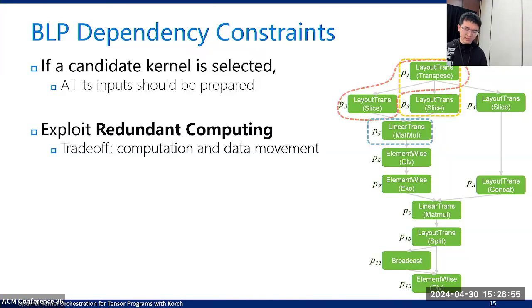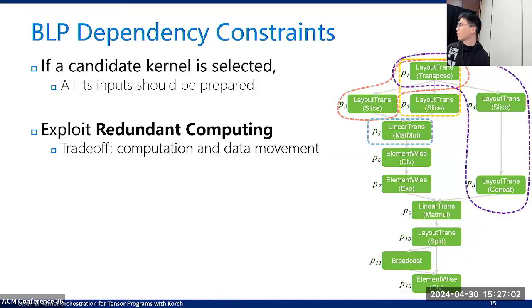And since dependency is the only constraint, our selected kernels can overlap with each other. For example, those three kernels share the same primitive P1, and P1 is calculated 3 times across the kernels. But if we don't do redundant computing, we need 4 kernels to finish the computation on this subgraph.